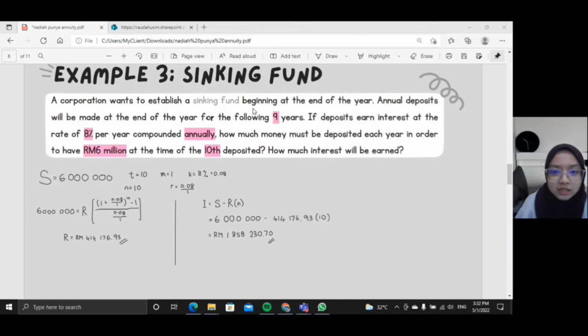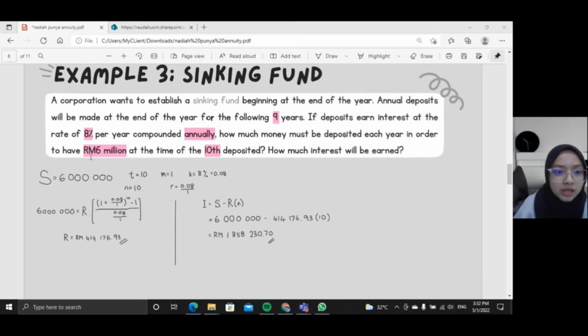Okay, so from the question, we get the information that S is equal to 6 million. Why is it S, not R? Because the question stated that the amount is needed after the 10th deposit.